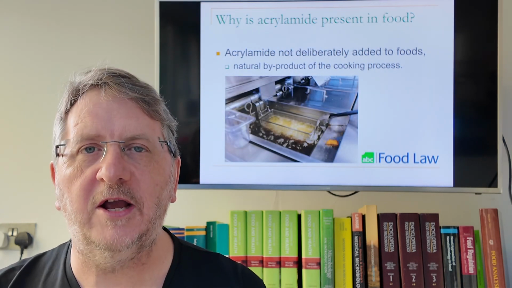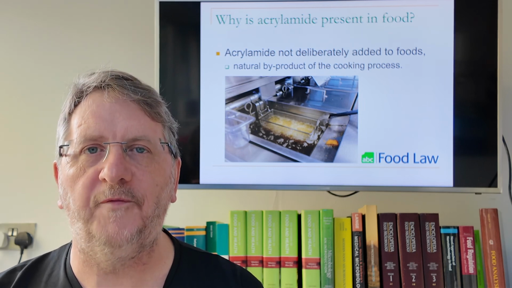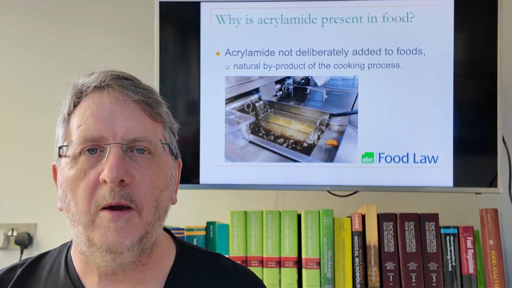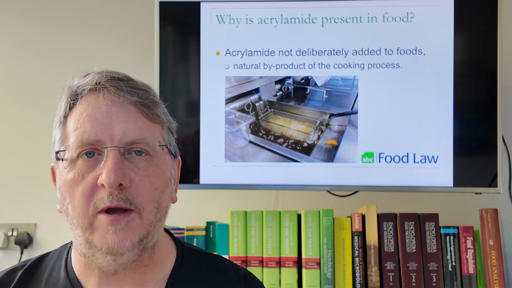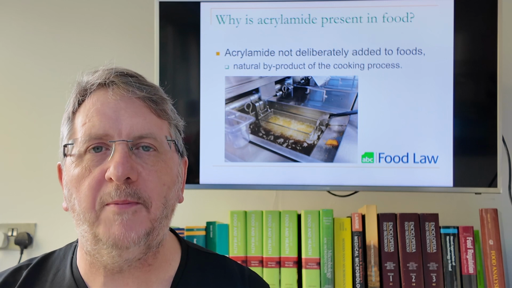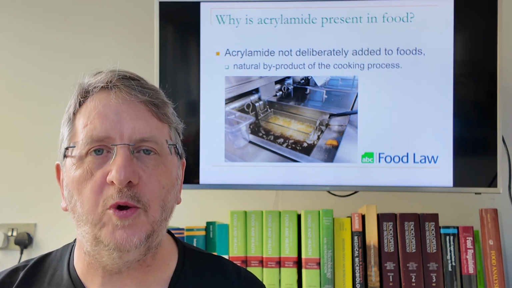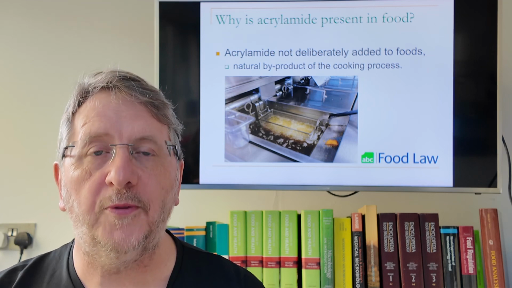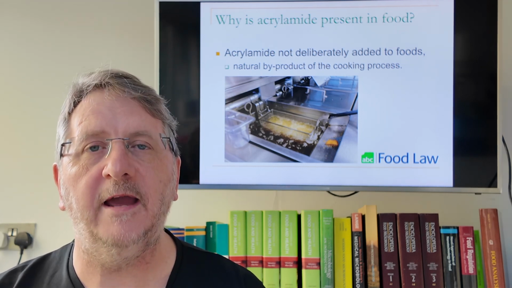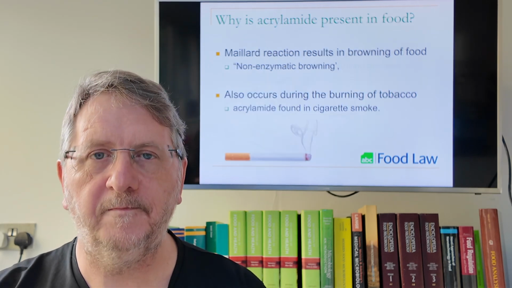It's not a contaminant that's added, it is a natural byproduct of the cooking process. So basically what the law does here, and we'll come on to that in a moment, is require that food businesses put in place what they call mitigating factors, some sort of steps to try and reduce the production of acrylamide through the high temperature baking, frying, or cooking of high starch products.